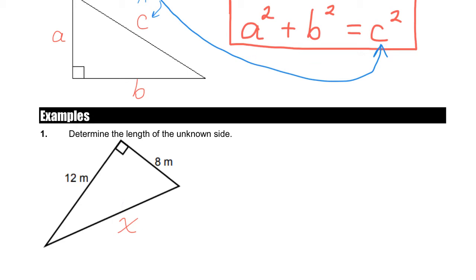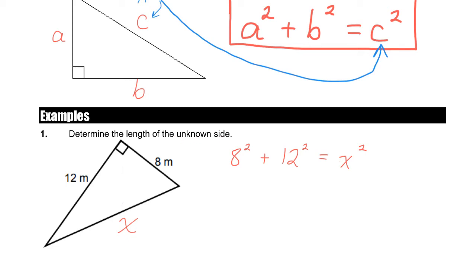The order doesn't really matter for those. As long as you're putting x in the hypotenuse spot, you're going to have the correct equation. So we'll end up with 8 squared plus 12 squared equals x squared. And my goal is to figure out the length of the unknown side. So I want to solve for x.